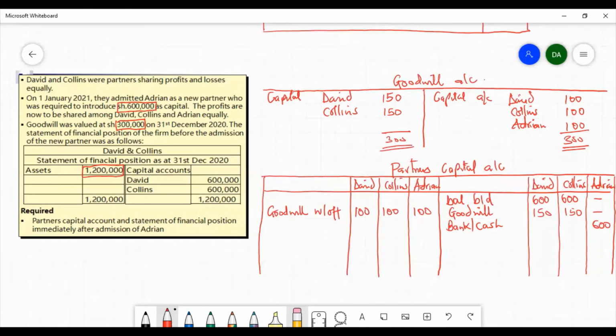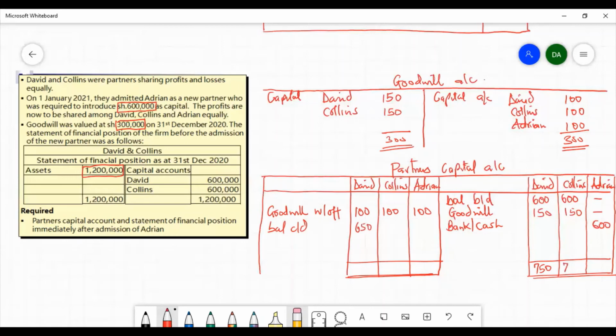Next, we balance off the partner's capital account. In the partner's capital account, having already written off 100,000 from each partner, now this is what is going to remain. For David, the total is 750,000, already written off 100,000. So the balance carried down is 650,000.